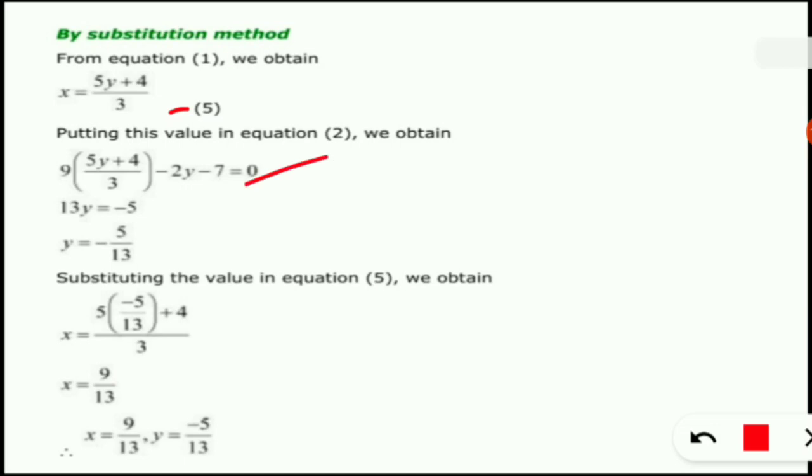So 13y equals minus 5, so y equals minus 5 by 13. Substituting the value in equation 5, we obtain x equals 5 into minus 5 by 13 plus 4 divided by 3, so x equals 9 by 13. Therefore x equals 9 by 13 and y equals minus 5 by 13. Clear?